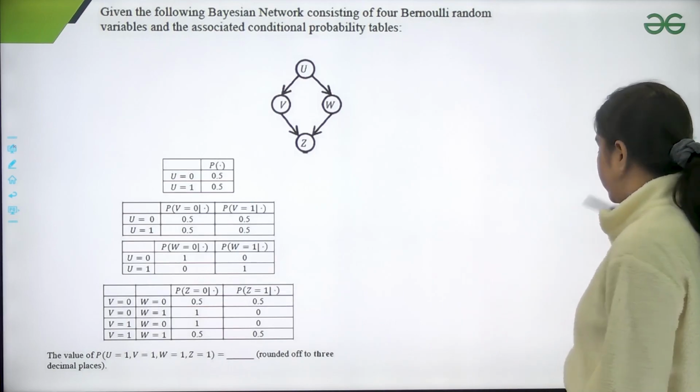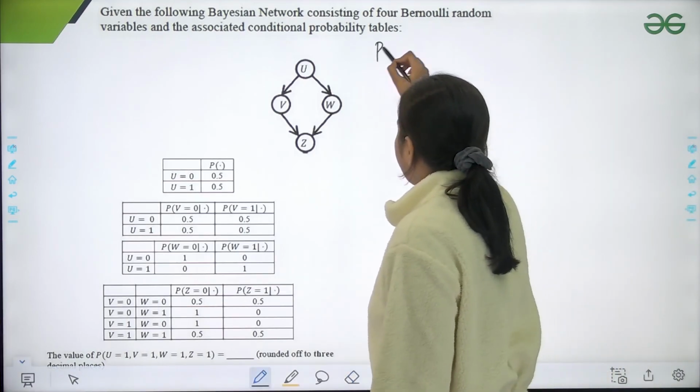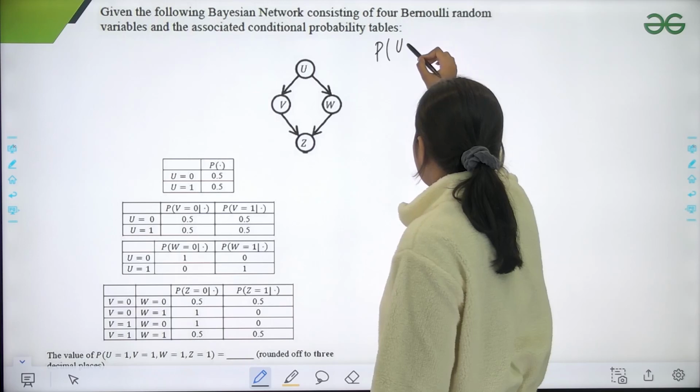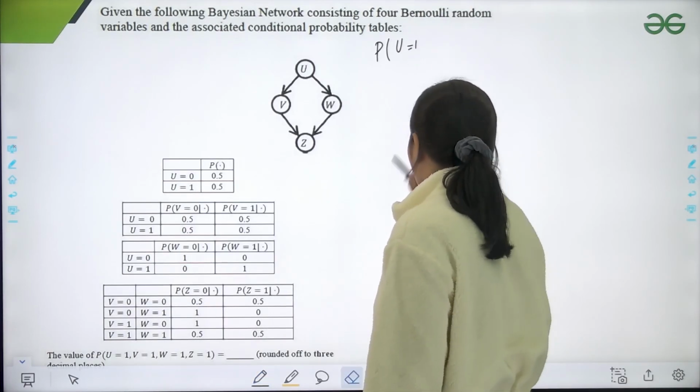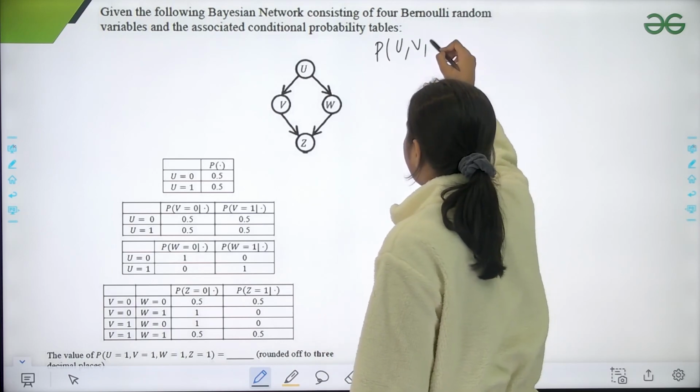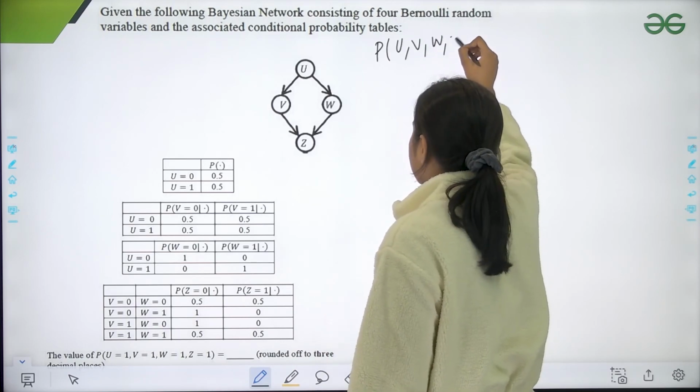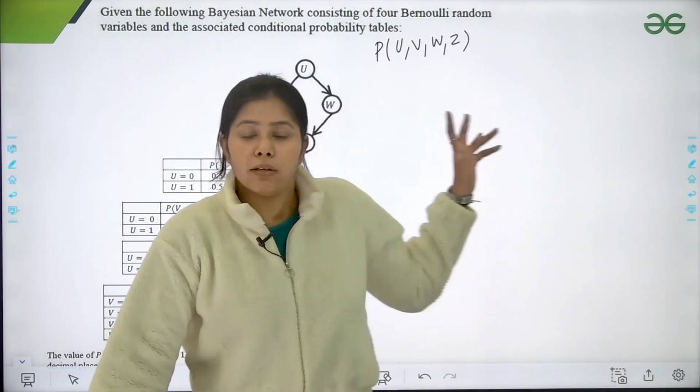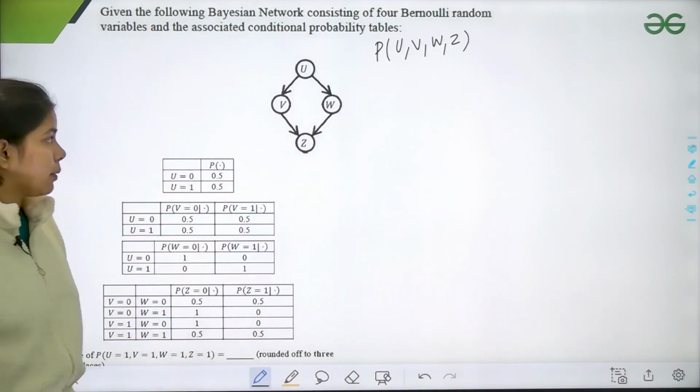So how do I find out? Let me not write 1 right now. Let me write down these probabilities: U, V, W, Z. Just remember all the values I have to find out the probability for 1.